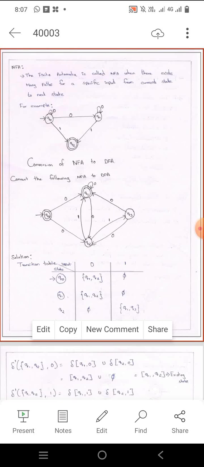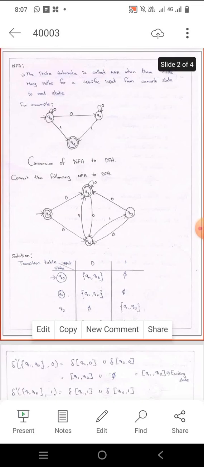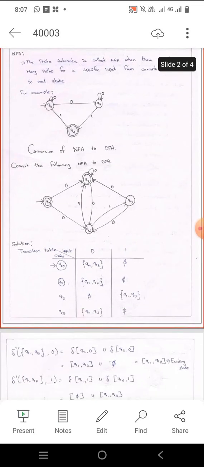Now first of all, before converting NFA to DFA, first convert this transition diagram into a transition table which is given below. That means write the states Q0, Q1, Q2, Q3 and the inputs 0 and 1. Now mention the starting state Q0 by that arrow and mention the final states Q0 and Q1 with a single circle.